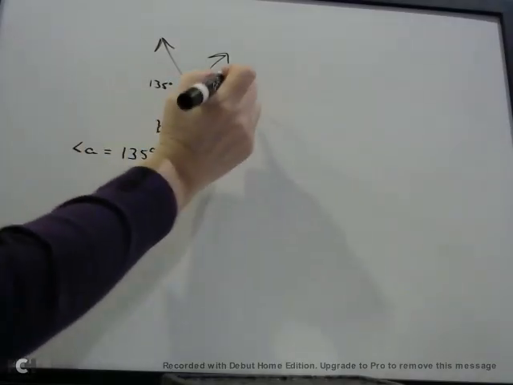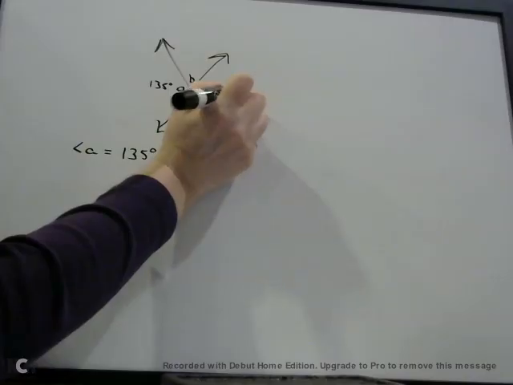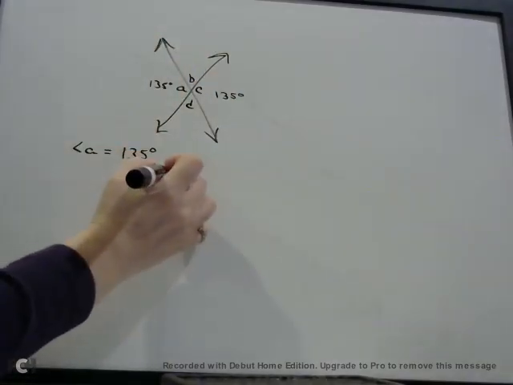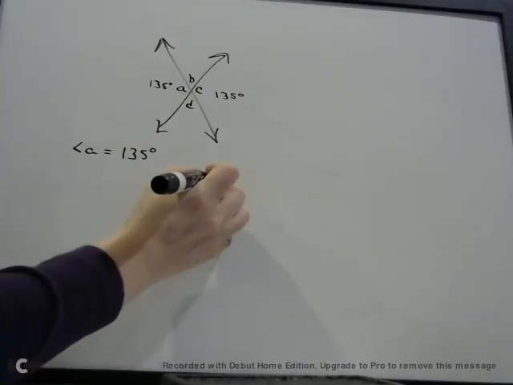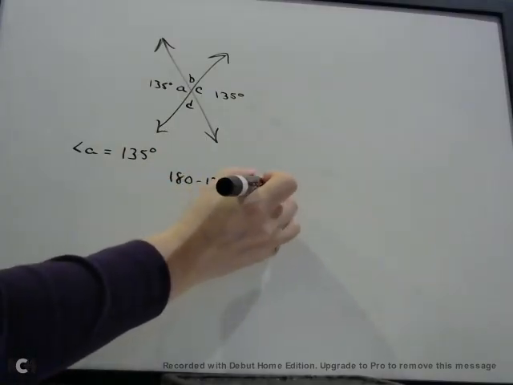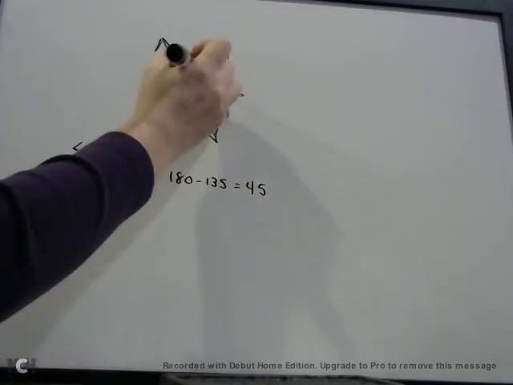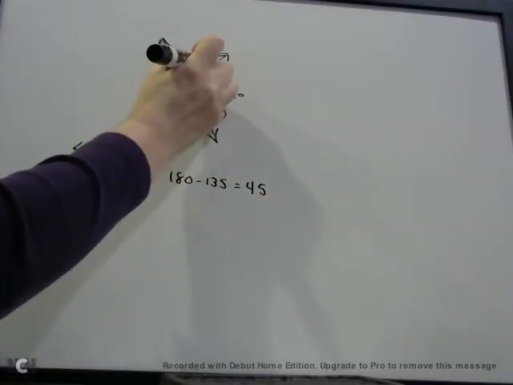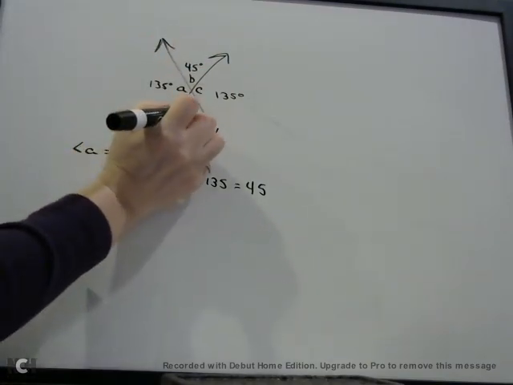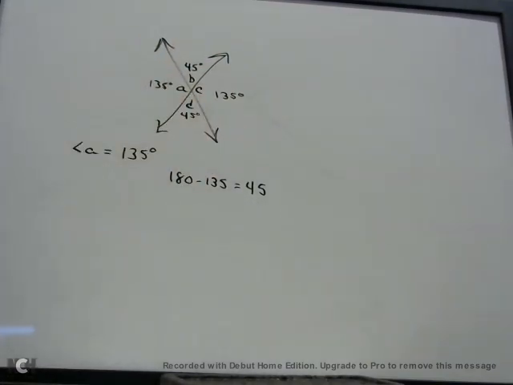We know right away angle C is 135 degrees, but we also know angle B is 180 minus 135, because they have to be supplementary, and that's going to equal 45 degrees. So angle B is now 45 degrees. Once we know angle B, we know angle D is 45 degrees.